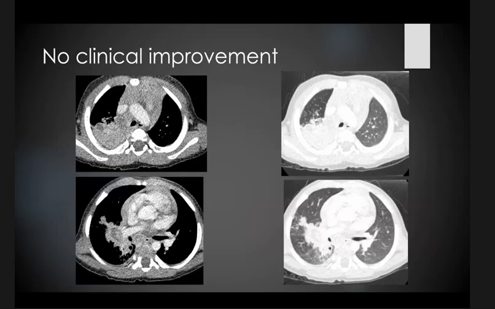So we did the chest CT, and we saw those adenopathies with central hypodensities and complete infiltrates of the right upper lobe, which happened to be tuberculosis.